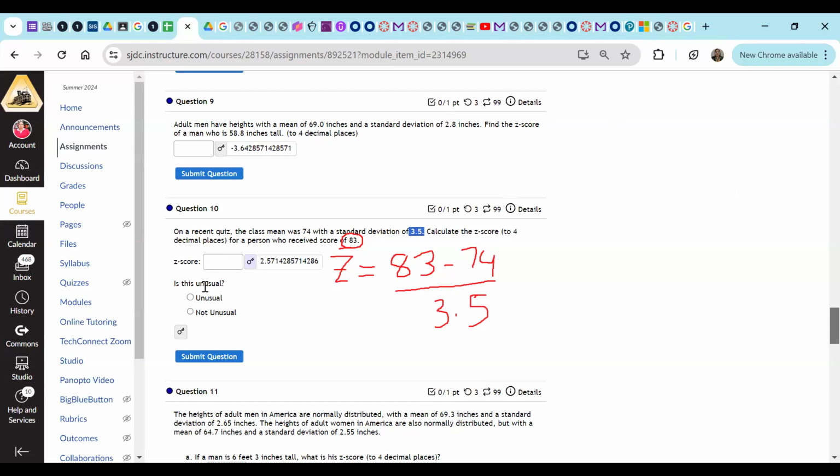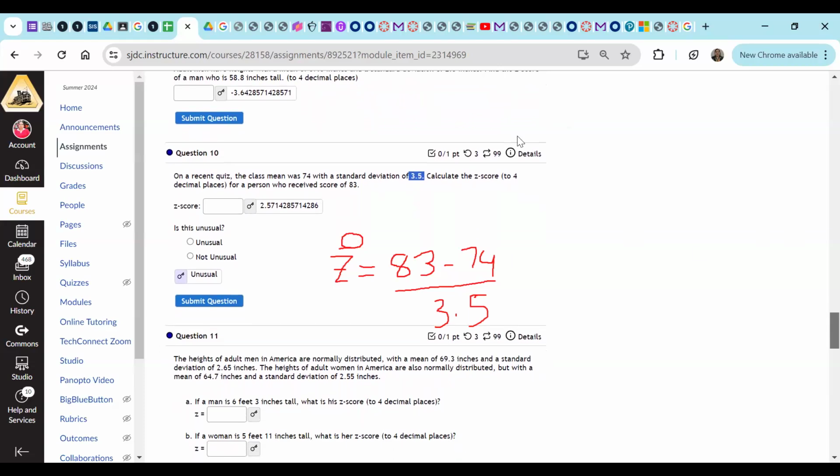And the next question is asking, is it usual or unusual? Usual is considered if it's within 2 standard deviations. Anything beyond 2 standard deviations is considered unusual. So in this, we are given the 2 choices, unusual or usual. I will consider this unusual because it's a lot more than 2. It's 2.57. So I'm going to say unusual. Usual is up to 2 standard deviations.